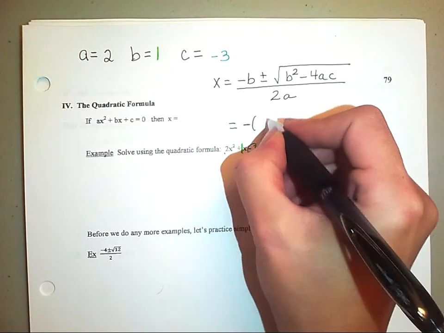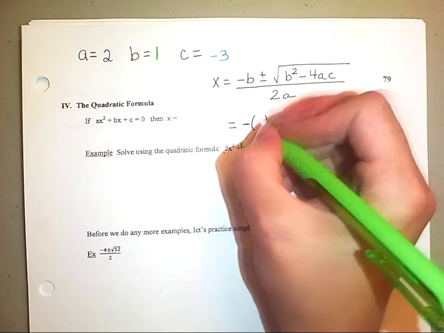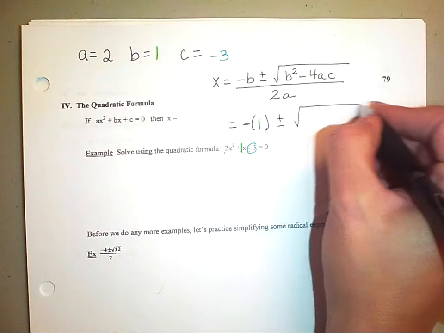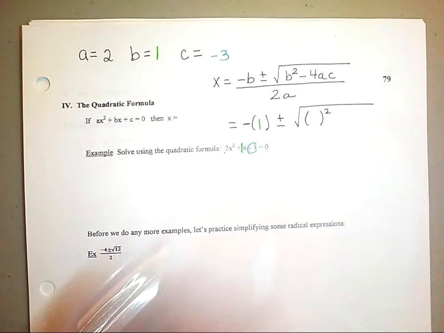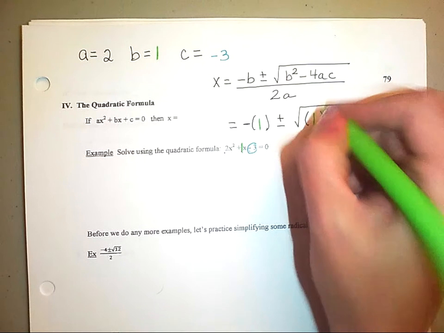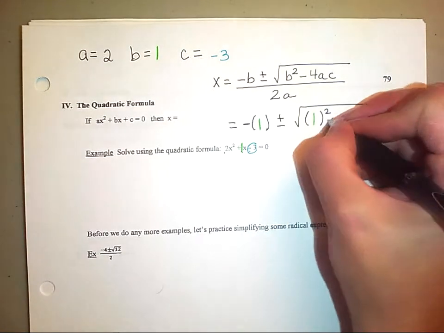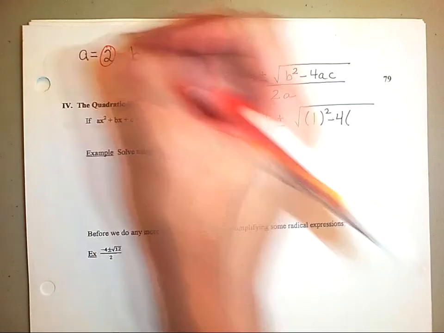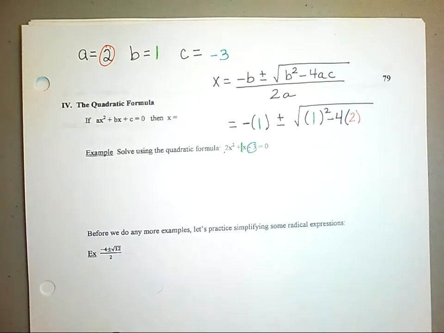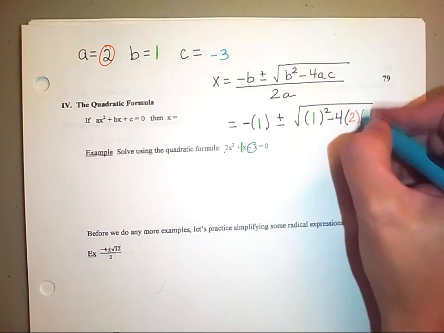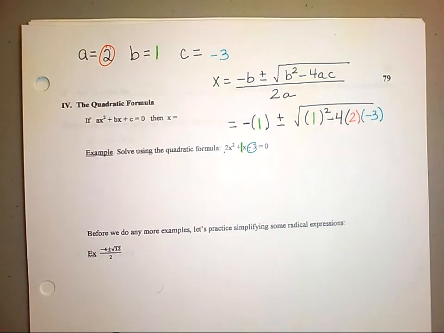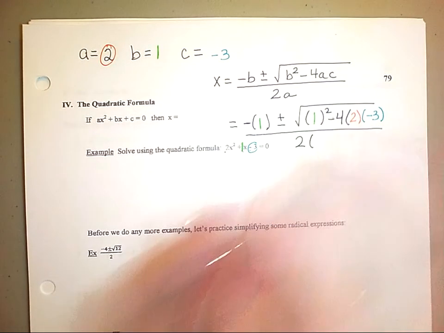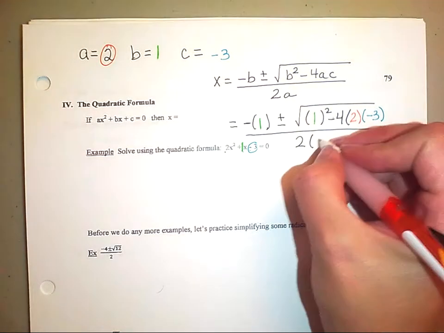We have negative from the formula, and b is 1, plus or minus the square root of b squared, which is 1, minus 4 times a, which is 2, times c, which is negative 3, and then all of that goes over 2 times a, which is 2.